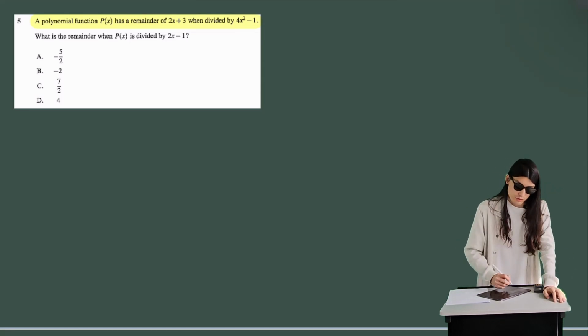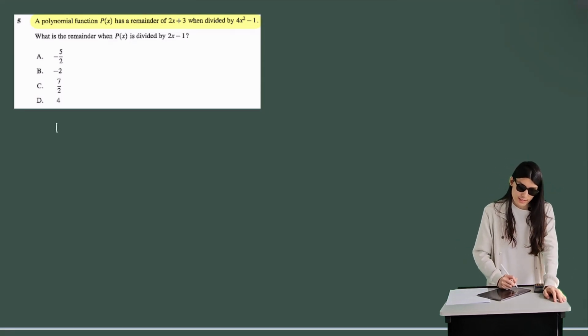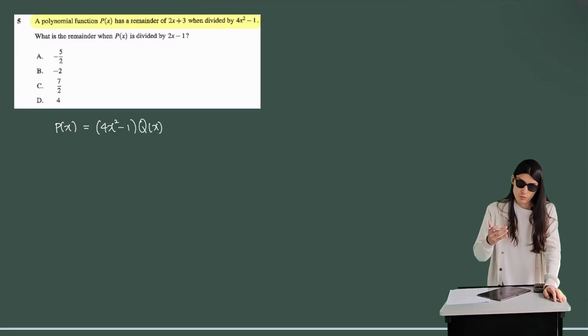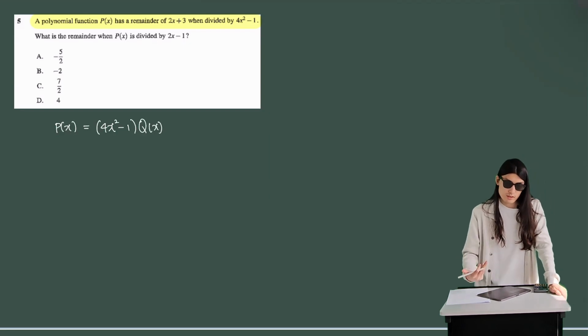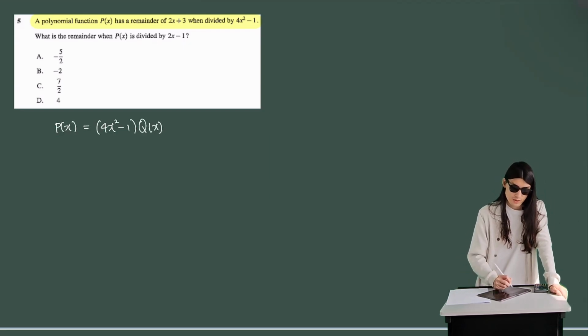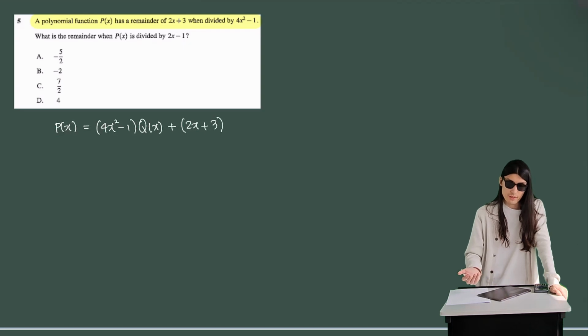That structure, you immediately rewrite as: P of x is the divisor, 4x squared minus 1, times the quotient, which we don't know because it's not stated in the question, but I can just write that as Q of x, plus the remainder, which the question tells me is 2x plus 3.